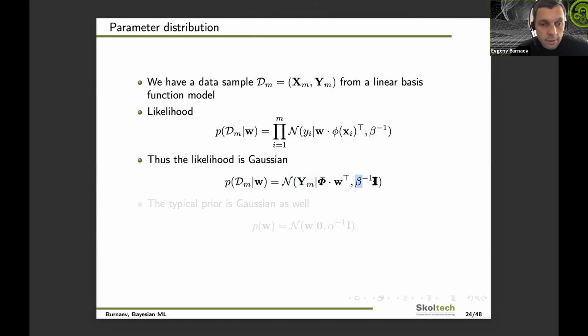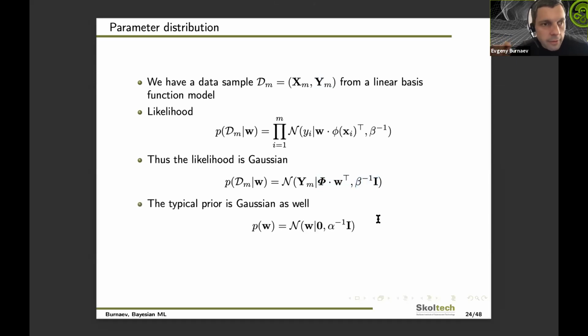And that is why here I wrote this value. So again, all output values in my data set have a Gaussian distribution with mean value given by this linear basis function model and covariance matrix given by this diagonal covariance matrix.